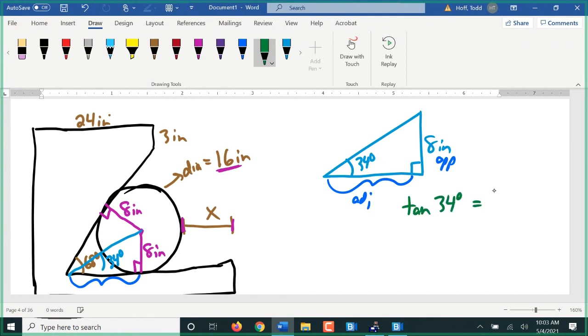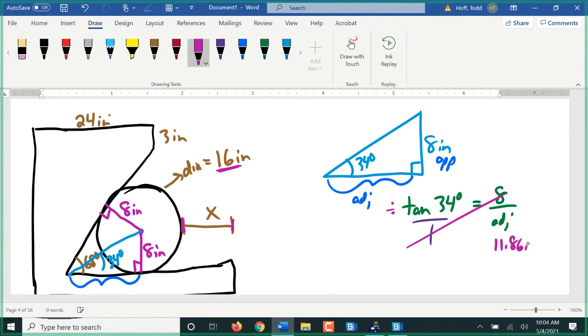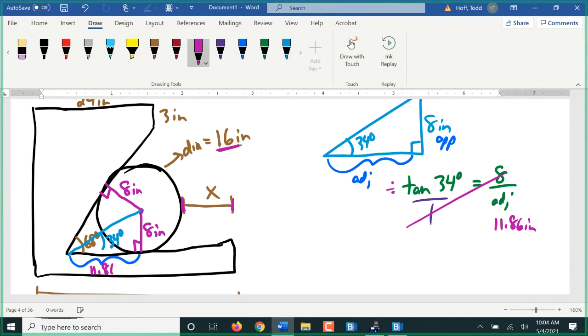Tangent of 34 degrees equals the opposite side of 8 over the adjacent side, which is what we're looking for. We'll put that over 1, and we will cross multiply and divide. Well, 1 times 8 is 8, divided by the tangent of 34 degrees gives us 11.86 inches. So this distance here is 11.86 inches.